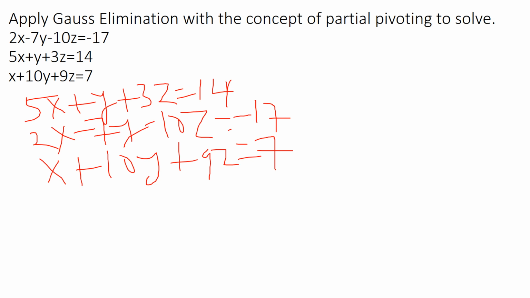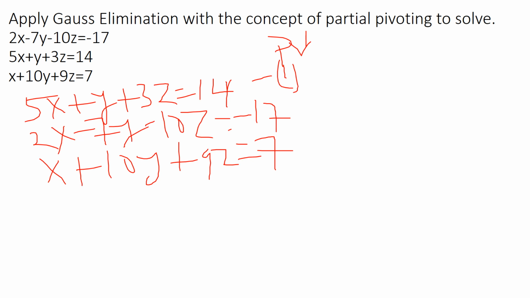So the first thing we need to do is eliminate x from equation 2 and equation 3 using equation 1. This one is equation 1, which is our pivot equation. So we start by eliminating x from equation 2 using equation 1.